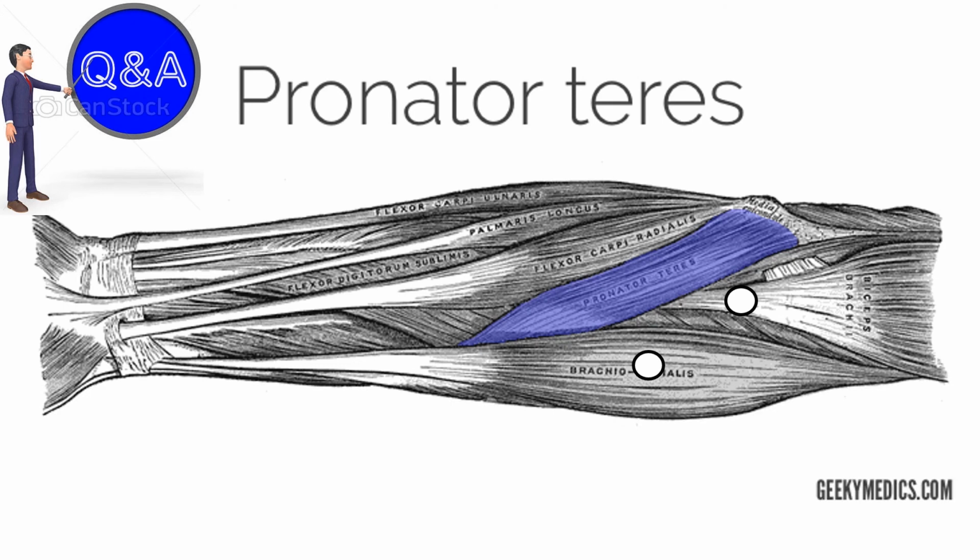Then we have the colored muscle, which is the pronator teres, coming from the supracondylar ridge, the upper part of the supracondylar ridge, going obliquely towards the middle part of the shaft of the radius. So we have a triangle here made by brachioradialis and the pronator teres. If we go medially, we will find the flexor carpi radialis.